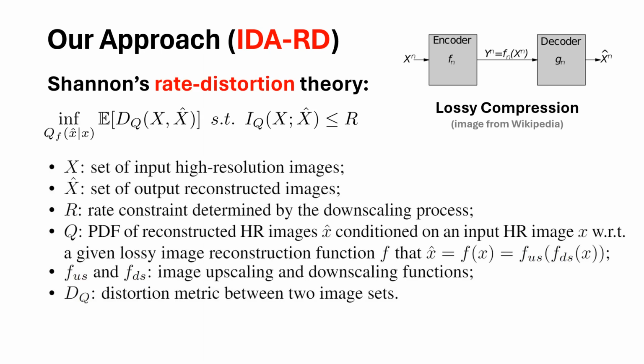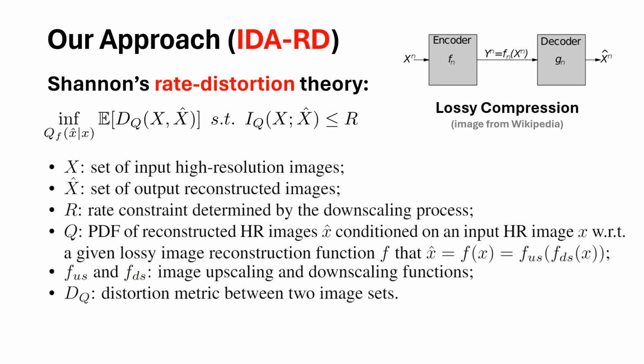In the equation, X is the set of input high-resolution images, X hat is the set of output reconstructed images, R is a rate constraint determined by the downscaling process, Q is the probability density function, PDF, of reconstructed HR images X hat conditioned on an input HR image X with respect to a given lossy image reconstruction function F, where F is implemented with successive image downscaling and upscaling functions.